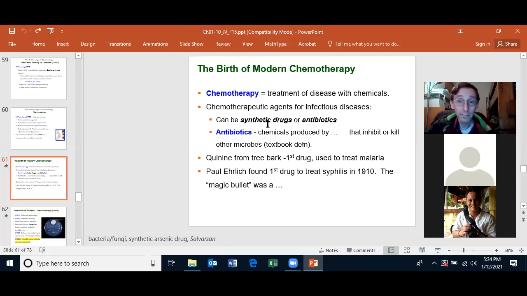Chemotherapeutic agents against infectious diseases can be synthetic drugs. These are ones that are man-made, or antibiotics, which, strictly speaking, by the textbook definition, an antibiotic is a chemical that's produced by a living microorganism that inhibits or kills other microbes. That's strictly speaking the textbook definition of an antibiotic.